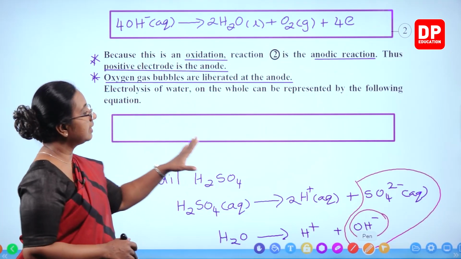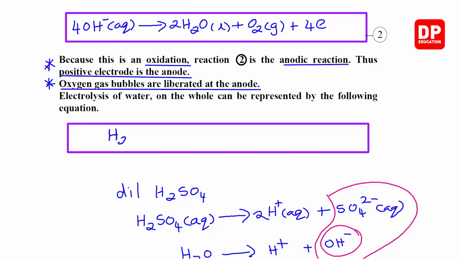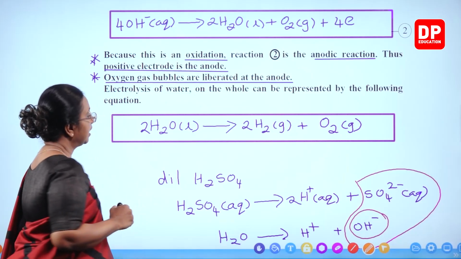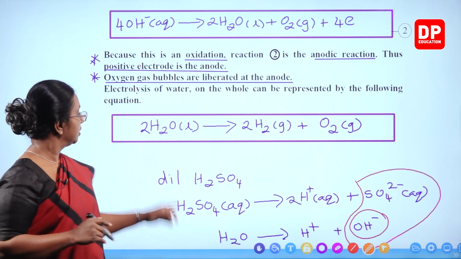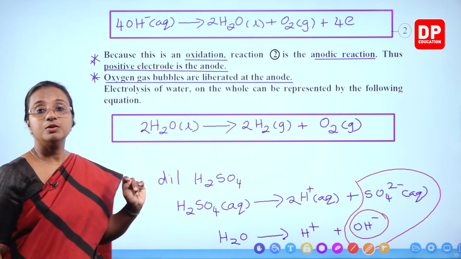Like a final equation, what we can write is, we had water, H2O liquid, that gives 2 H2 gas and 1 O2 gas. So, we need to take 2 water liquid, that becomes 2 H2 gas and O2 gas.